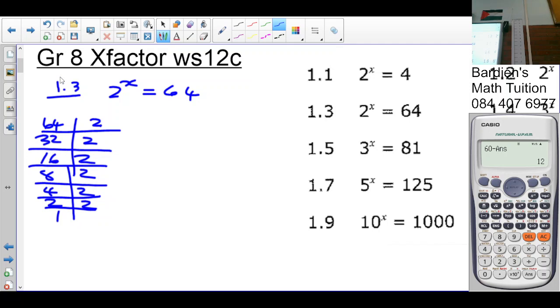So in other words, 1, 2, 3, 4, 5, 6. So 2 to the x is equal to 2 to the 6. When bases are the same, exponents are equal. So therefore x equals? You guys understand? Now you try 1.5 quickly.